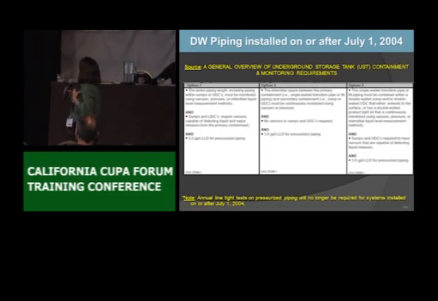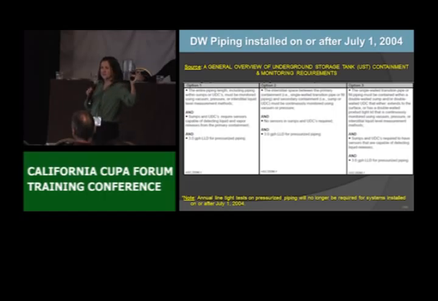For option number 1, the entire piping length, okay, visualize that, the entire length, including the piping within the sumps and UDCs, must be monitored using vacuum, pressure, or interstitial liquid level measurements. You can picture a typical scenario where you have your underground, buried piping that's double-walled, and then oftentimes, once it comes into the sump, it transitions to a single-wall line, which attaches to the STP, or turbine rather.